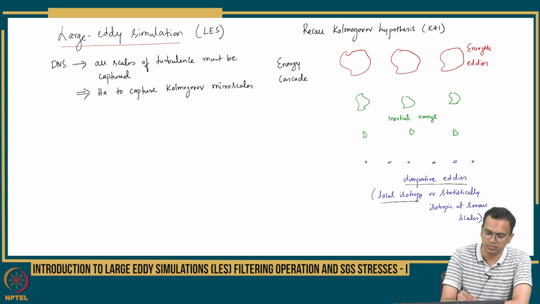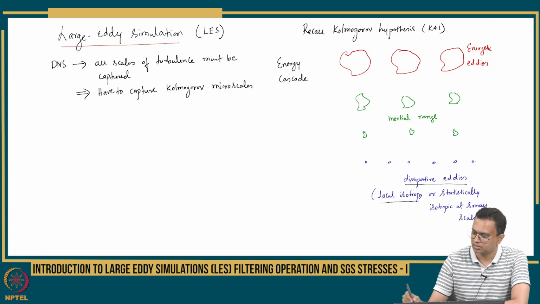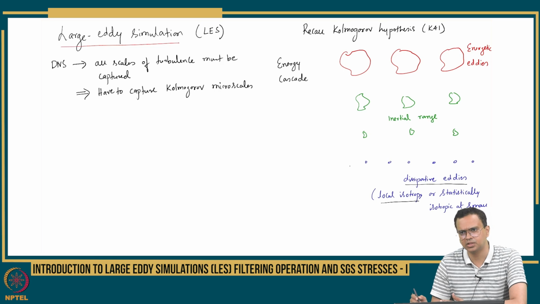Okay, you have to capture Kolmogorov microscales. That means essentially you are capturing these dissipative eddies. But if it is locally isotropic, then I can introduce a model so that the mesh size that I am going to use is not eta, but much larger than eta, maybe 10 times, 100 times eta, right?